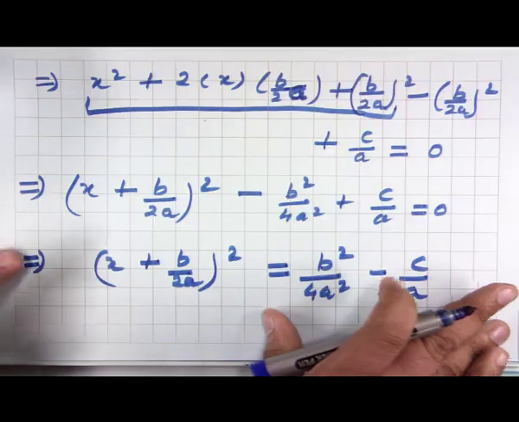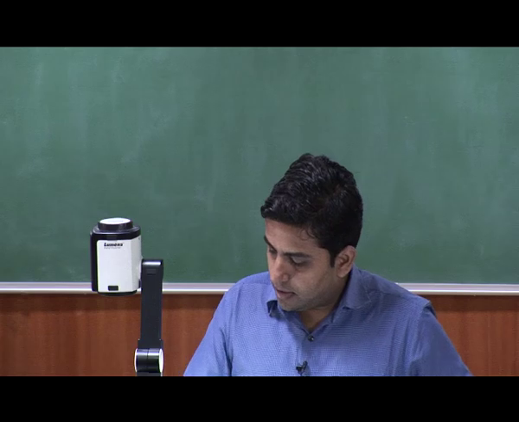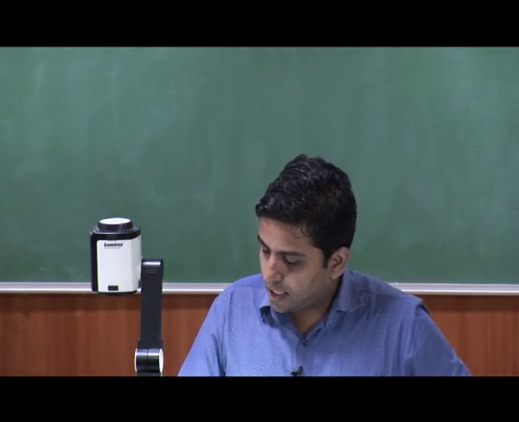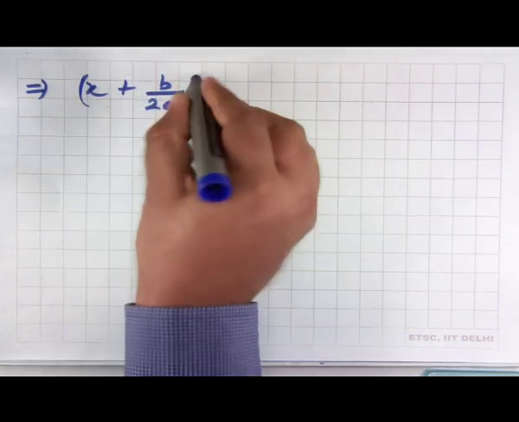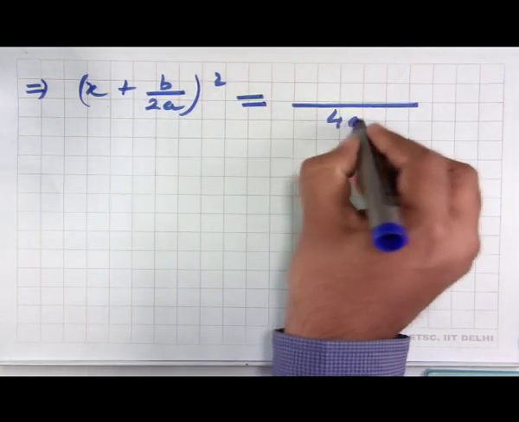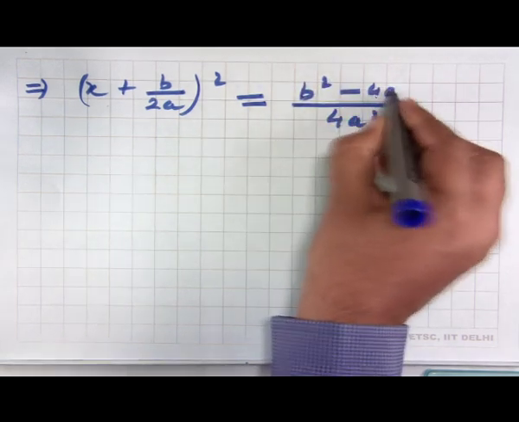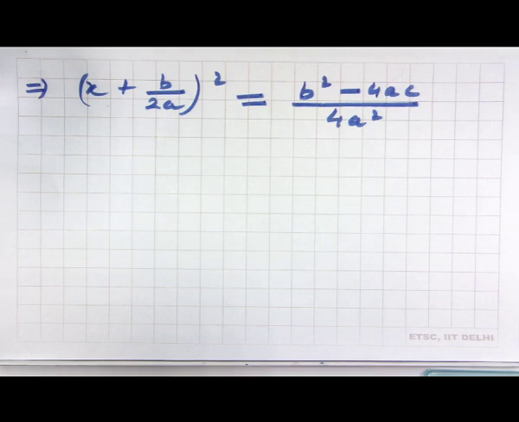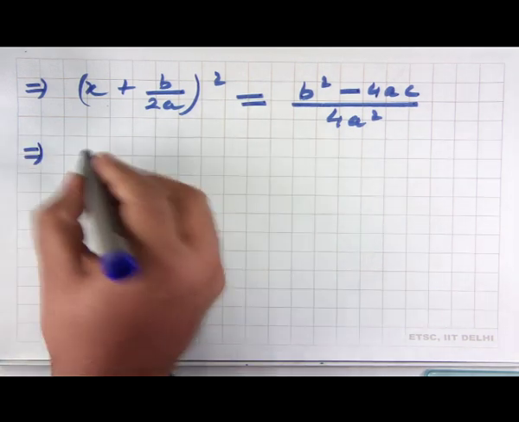Now take the LCM in the RHS. The equation will be (x plus b over 2a) whole square equals (b square minus 4ac) over 4a square.